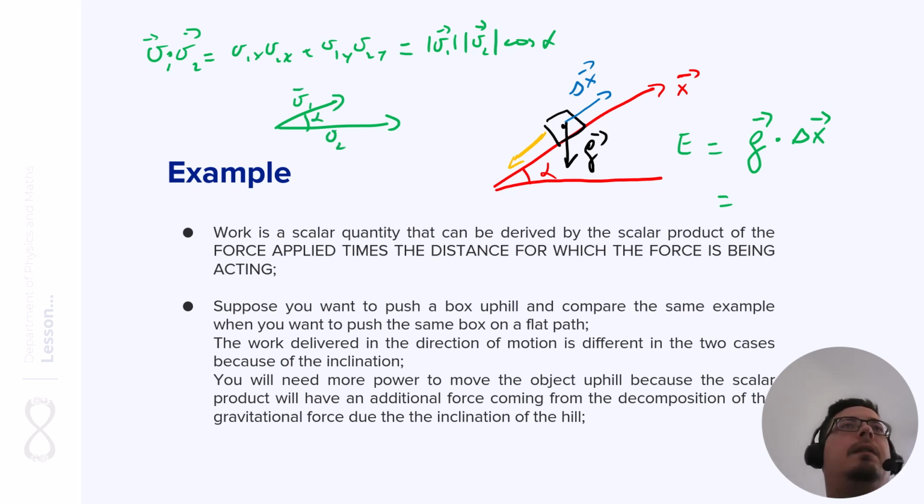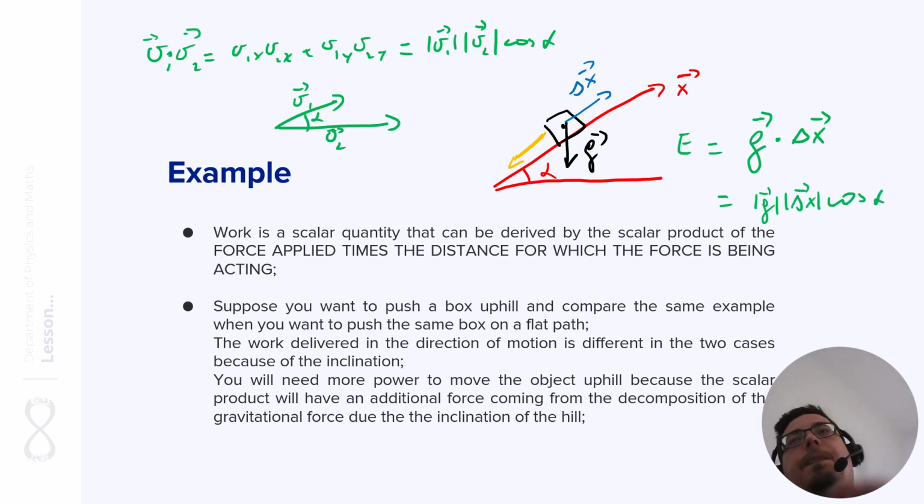Okay, so in this case, g times x, the alpha is exactly the angle that we have here, so it will be modulus g, which is g, modulus dx, which is dx, times cosine alpha. And this is the power that you dissipate along the direction.